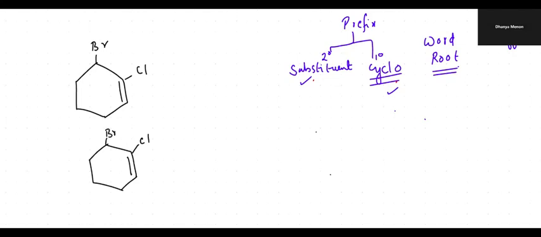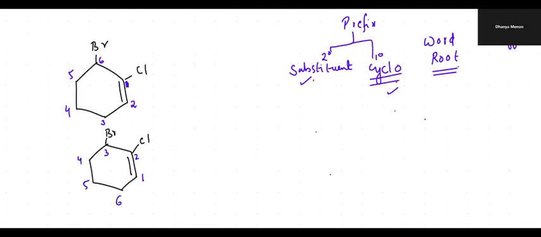Over here, this is a double bond, so I'll give number 1 here. I cannot write 2 over here, because if I'm giving one end of the double bond number 1, the other end will get number 2. So this is 3, this is 4, this is 5, and this is 6. And I can also number it this way: 1, 2, 3, 4, 5, 6.